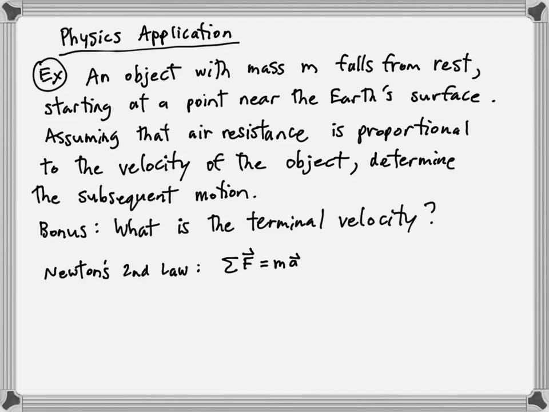In other words, the sum of all the force vectors is directly proportional to its acceleration, and the constant of proportionality is its mass. Okay? So this right side here is going to translate to a second derivative, right? Because the acceleration is the second derivative.